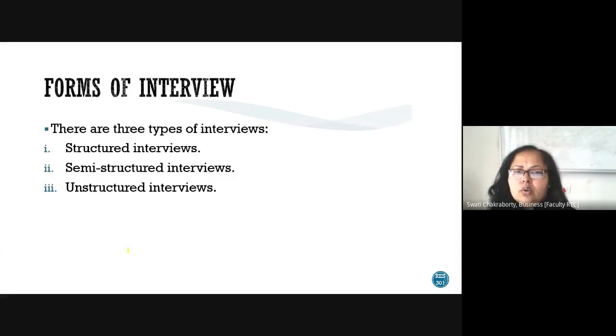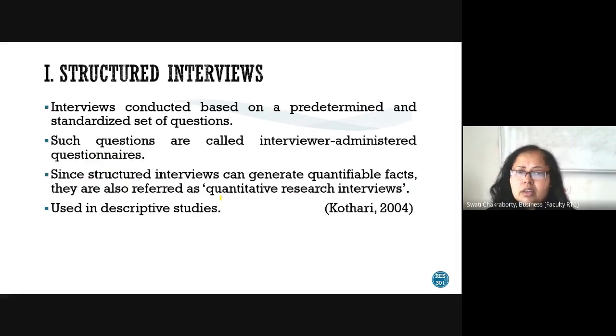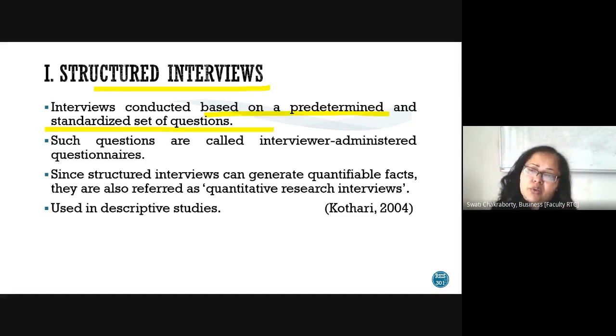All right. So whichever may be the type of interview, there are three ways. Either it could be structured, semi-structured, or unstructured. Now, structured interviews are those interviews which are based on a predetermined and standardized set of questions. You already know what questions to ask.